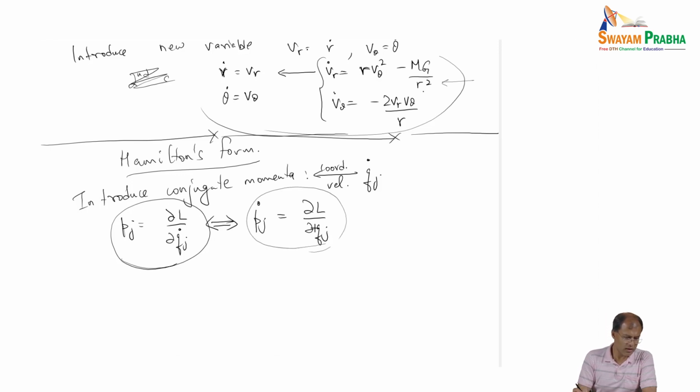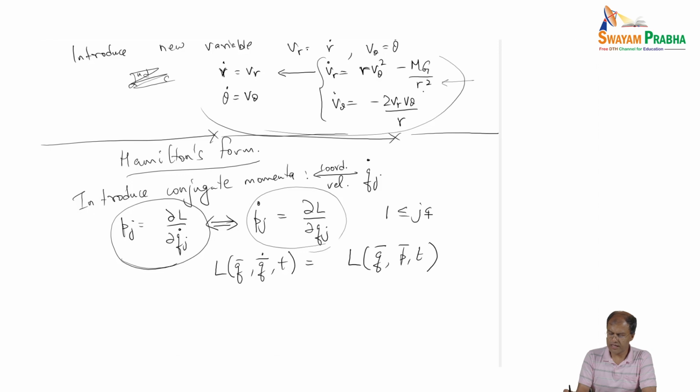So now, which means that our Lagrangian, which was typically in the form of q, q dot, comma t, can now be replaced with the Lagrangian in the form of q comma p comma t, right? Where this p is from j, these are for all the n particles.